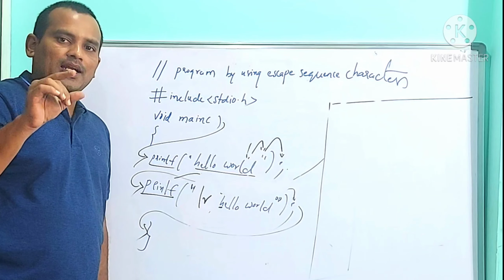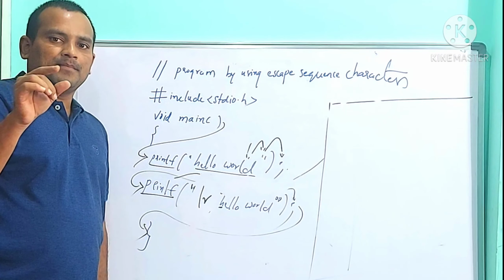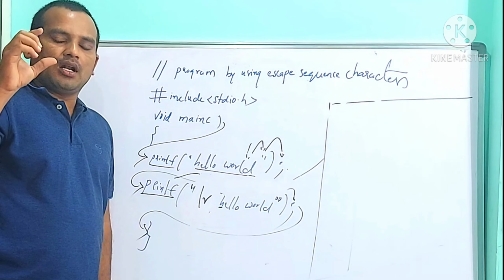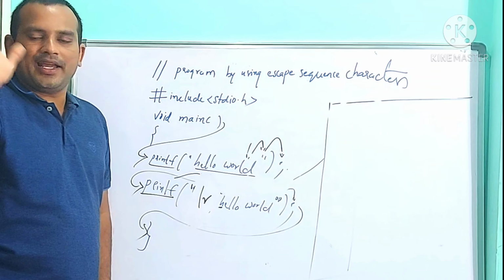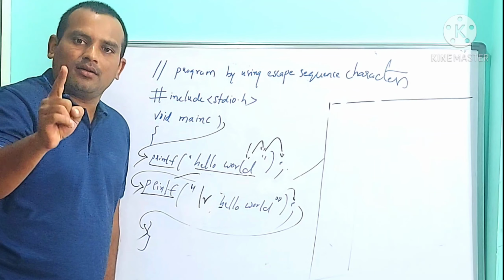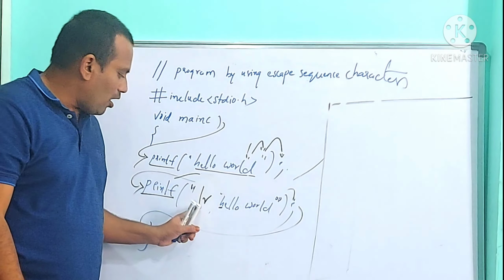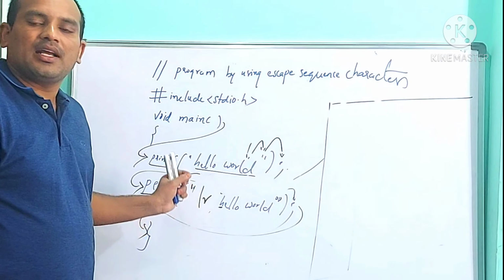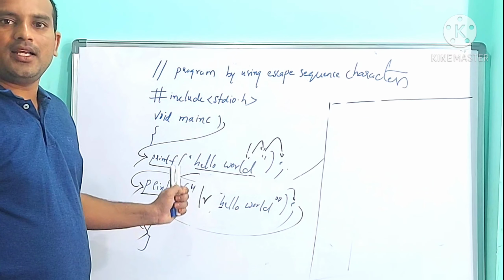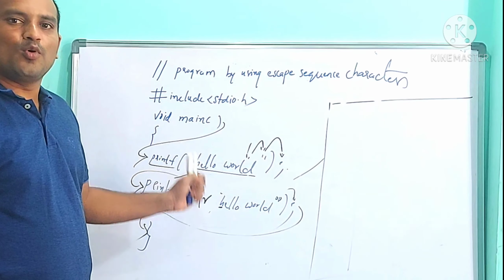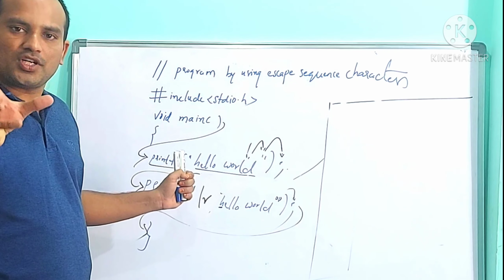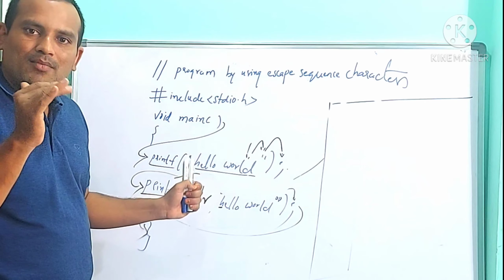When the runner reads \t, it goes to the output screen and moves the cursor from the current position 8 spaces to the right. When the runner reads \r, which is carriage return, it moves the cursor from the current position to the start of the same line.